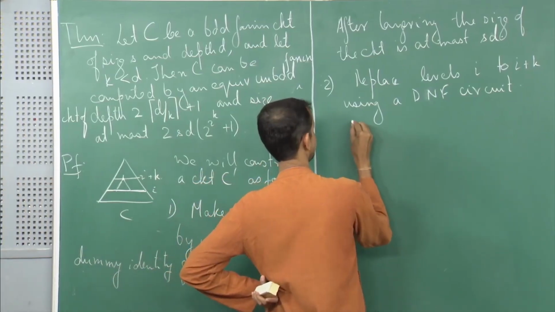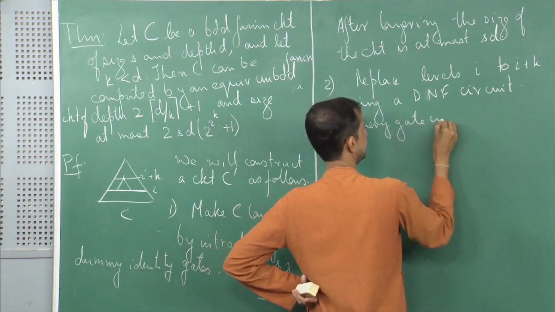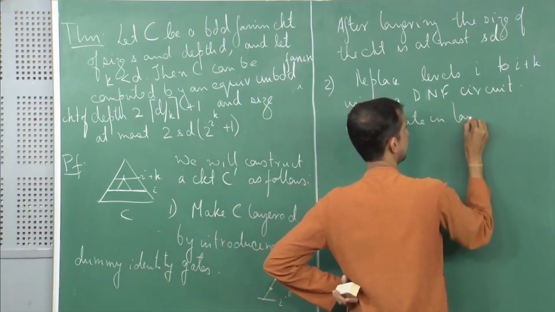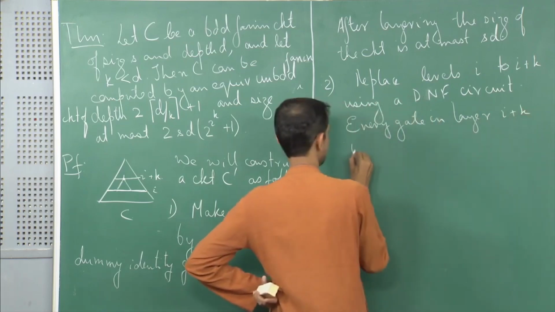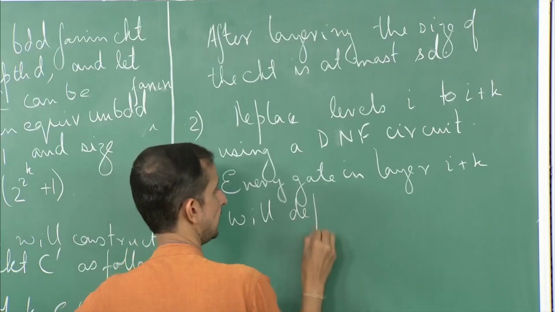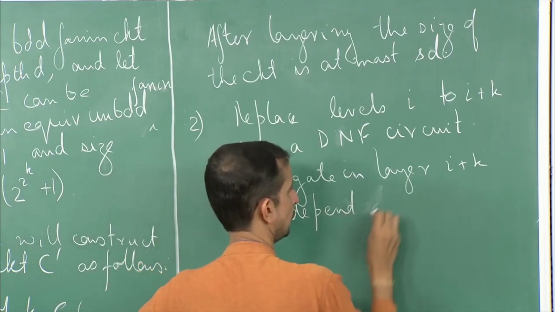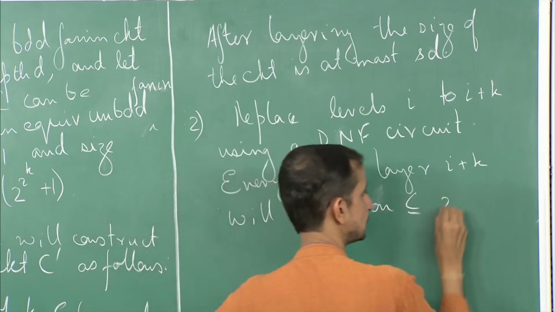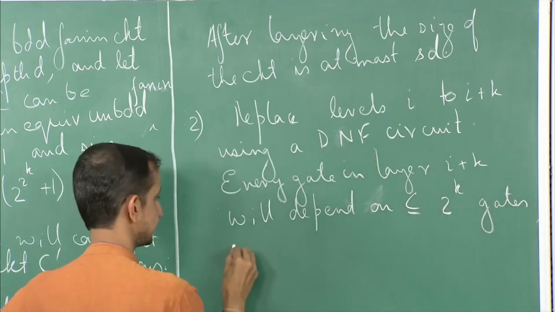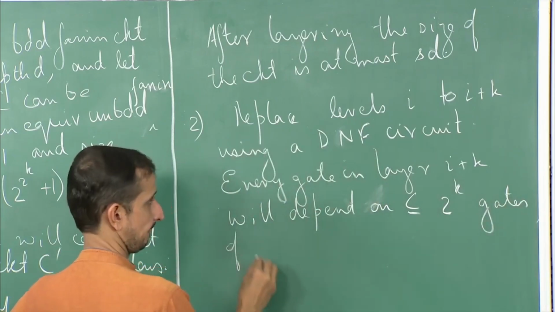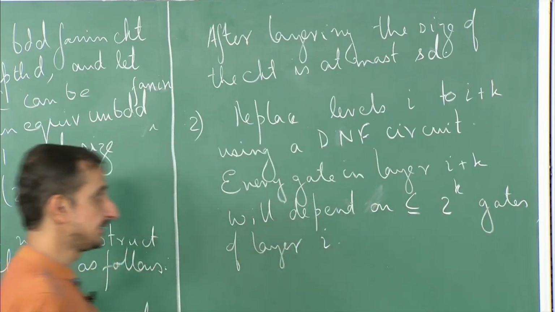Every gate in layer i plus k will depend on at most 2 to the power k gates of layer i. Okay.